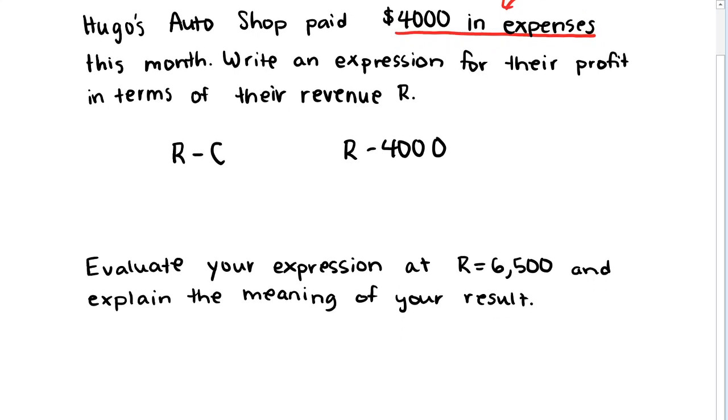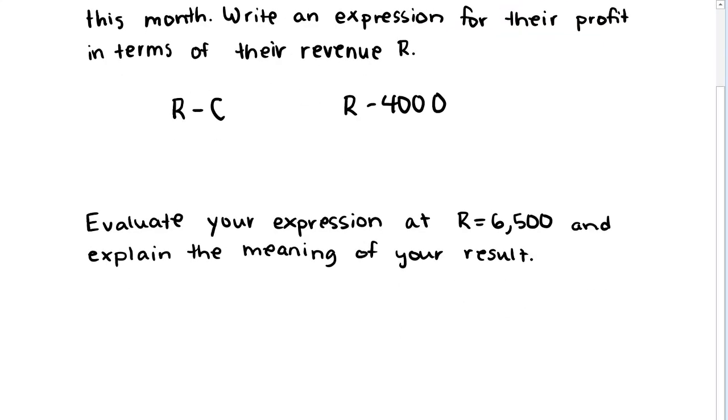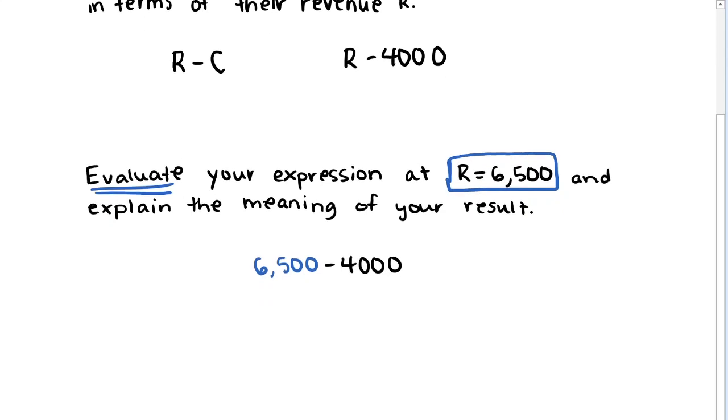And so if we look down to the little problem statement below, it says evaluate your expression if R is equal to 6,500 and explain the meaning of your result. So remember that evaluate means we're going to plug in this value for the variable in our expression and compute the result. So I'm going to take R and replace it with 6,500. The rest of my expression says R minus 4,000, and in this case, R is 6,500.